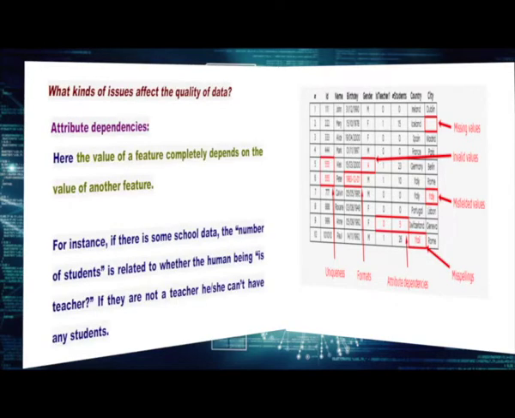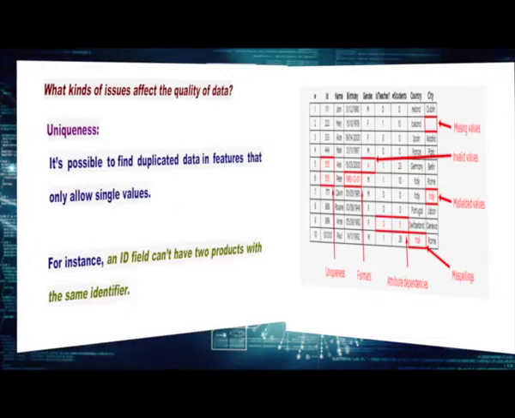Third one, attribute dependencies. Here the value of a feature completely depends on the value of another feature. For example, if there is some school data, the number of students is related to whether the person is a teacher. If they are not a teacher, then he or she cannot have any students. Uniqueness.